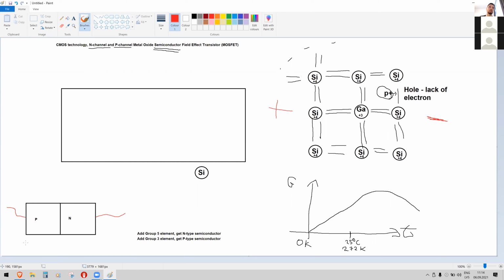And if you put here plus and on the opposite end minus, electricity can flow. But if you put it the other way around, it doesn't flow. So this is why it's called also semiconductor, because on one way it conducts electricity and to the opposite way it doesn't.